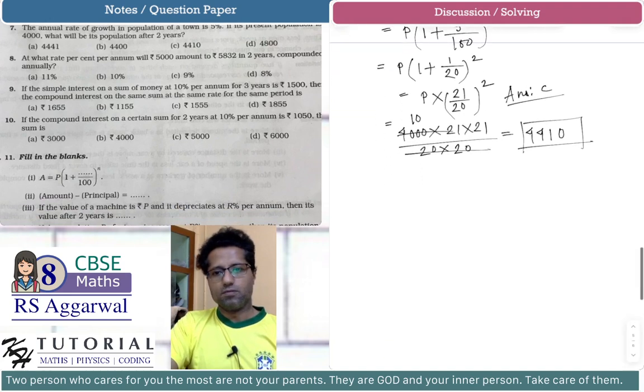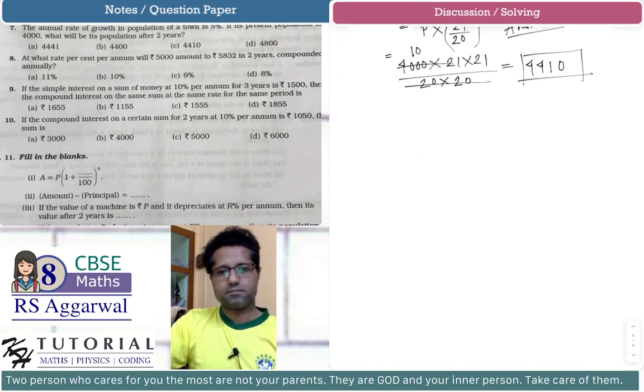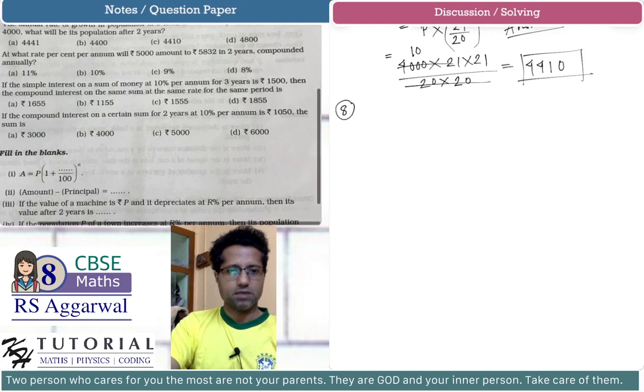Okay, let's do problem number 8. At what rate percent per annum will rupees 5000 amount to 5832 in 2 years compounded annually?